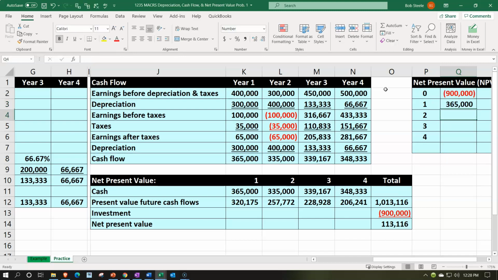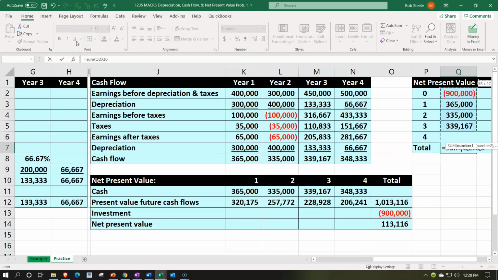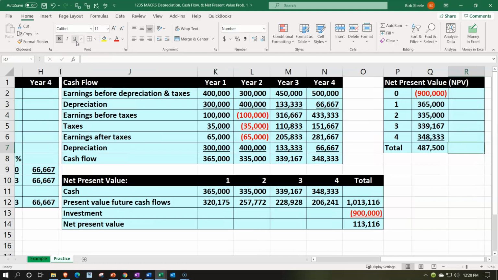So it's going to be this amount plus year 2, the 335, plus year 3, which was the 339, plus year 4, 348,333. So the total, and I'm going to sum this up this time, font group and sum, equals the SUM of these items. This would be the flow if we didn't have then the time value of money calculations.